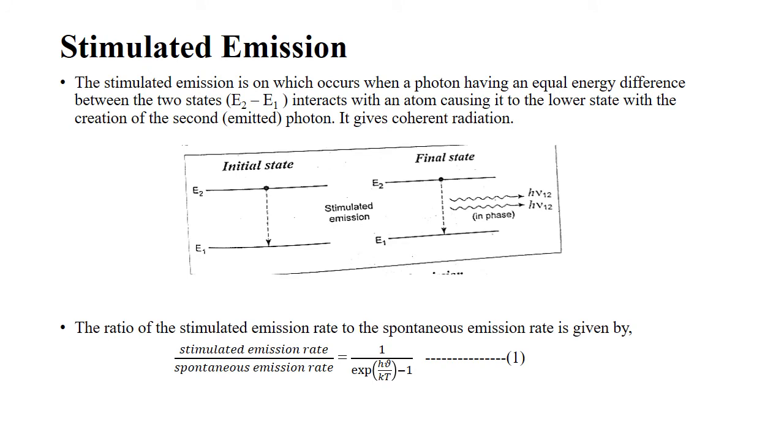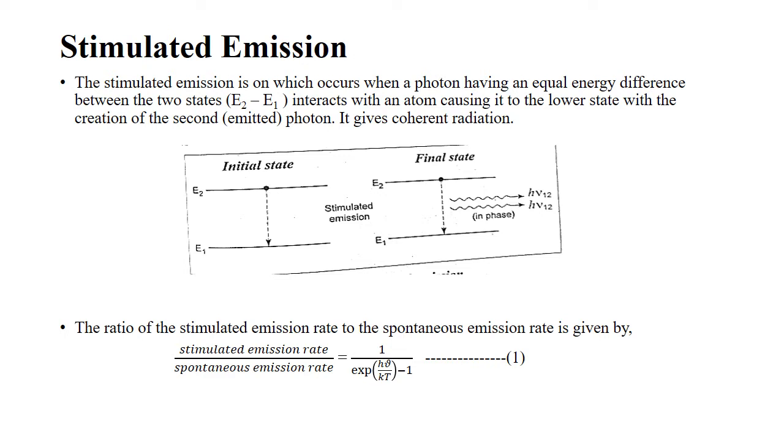Stimulated emission occurs when a photon having energy equal to the difference between two states, E2 minus E1, interacts with an atom in the higher state, causing it to drop to the lower state with the creation of a second photon, the emitted photon. This process gives coherent radiation. Here the initial state and final state of the stimulated emission are shown.